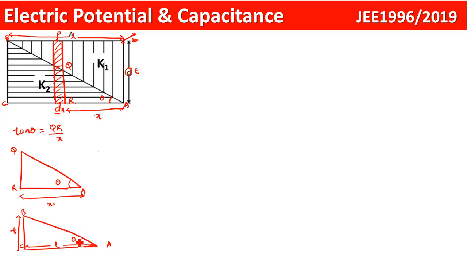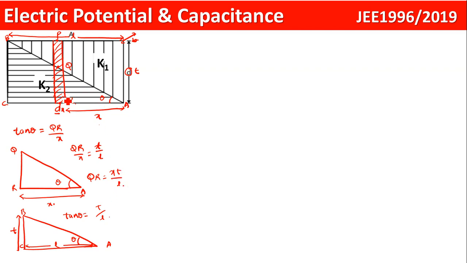This angle will also be theta. Tan theta from this triangle is the opposite side by the adjacent side, T by L. Equating both, QR by x is equal to T by L, so QR is equal to xT by L.